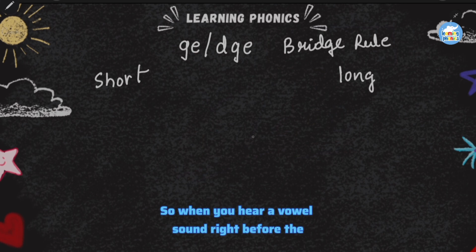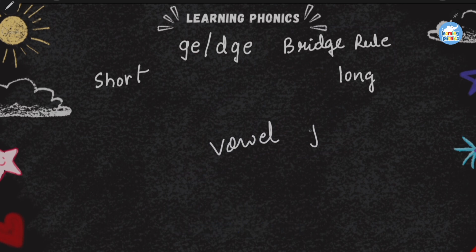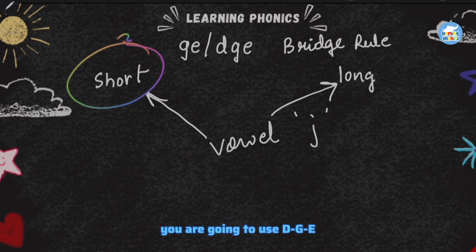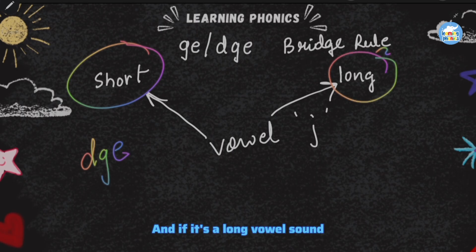When you hear a vowel sound right before the J sound, you have to see if it's a short vowel sound or a long vowel sound. If it's a short vowel sound, you are going to use DGE, and if it's a long vowel sound, you are going to use GE.